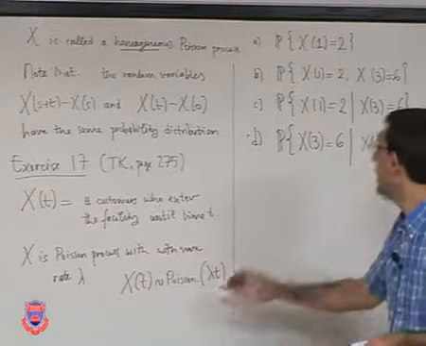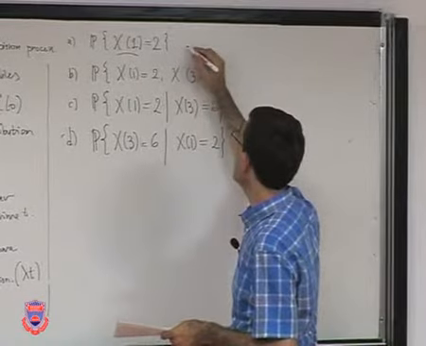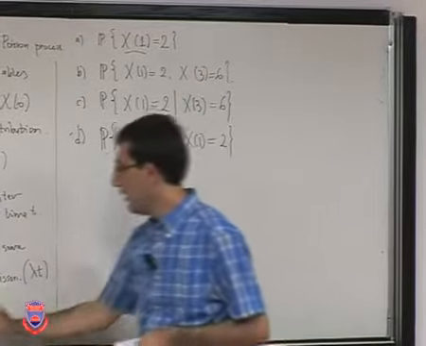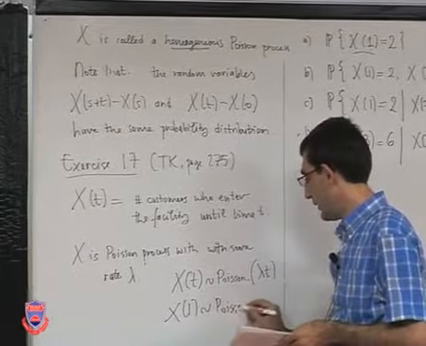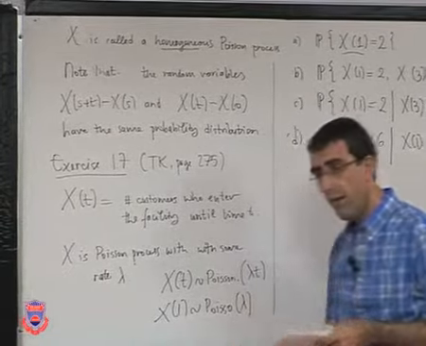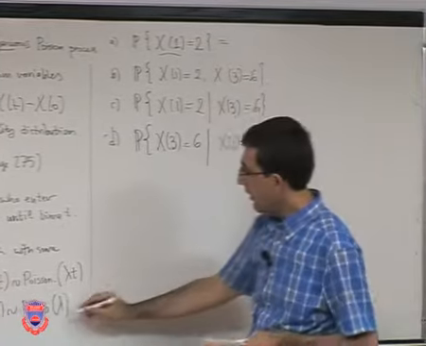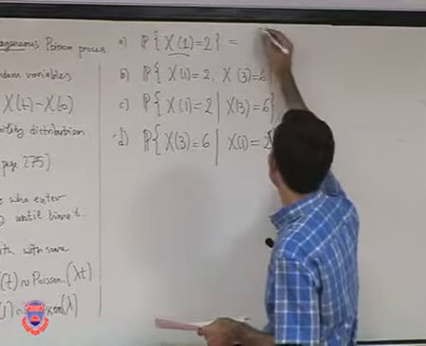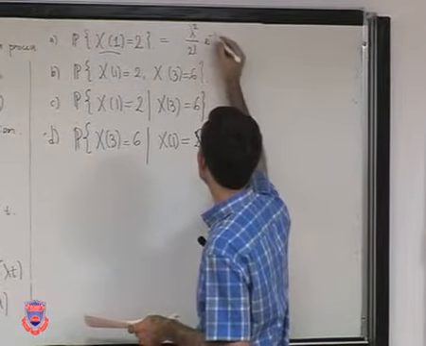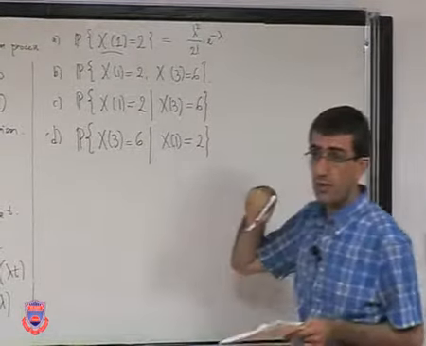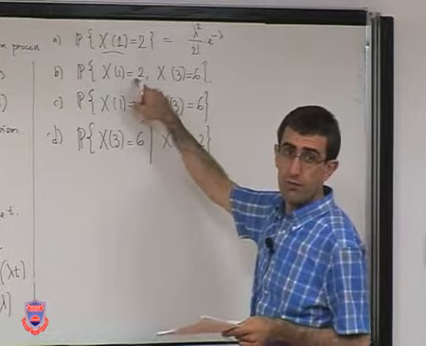When t equals 1, we get the distribution for this, and X_1 has Poisson distribution with rate lambda. Therefore this is nothing but lambda to the power 2 divided by 2 factorial times e to the minus lambda.